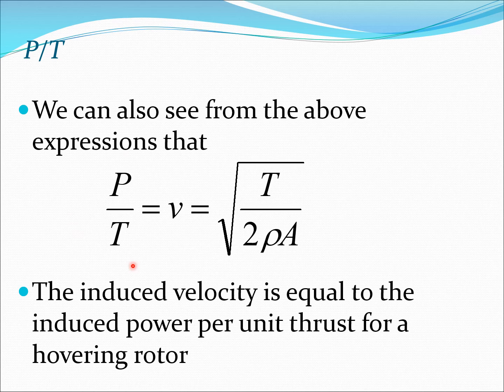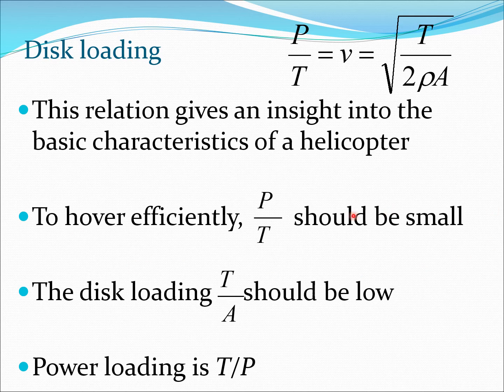That's something which is very important. So essentially what this equation tells us is that if I want to generate power for a given thrust, this number should be as small as possible.